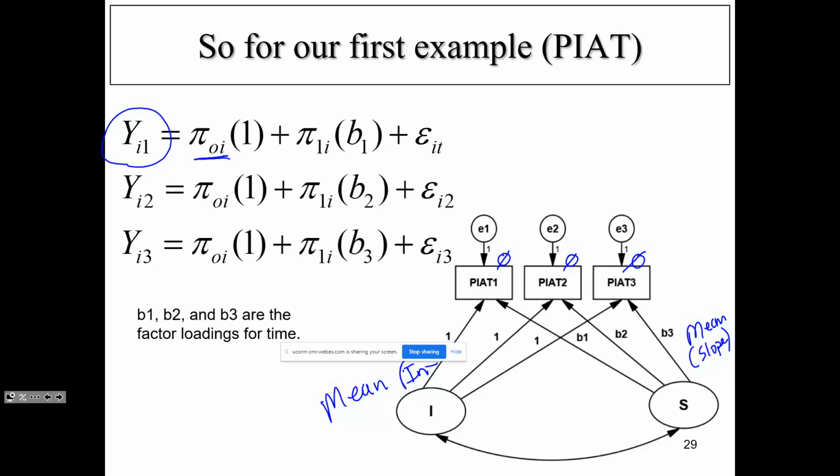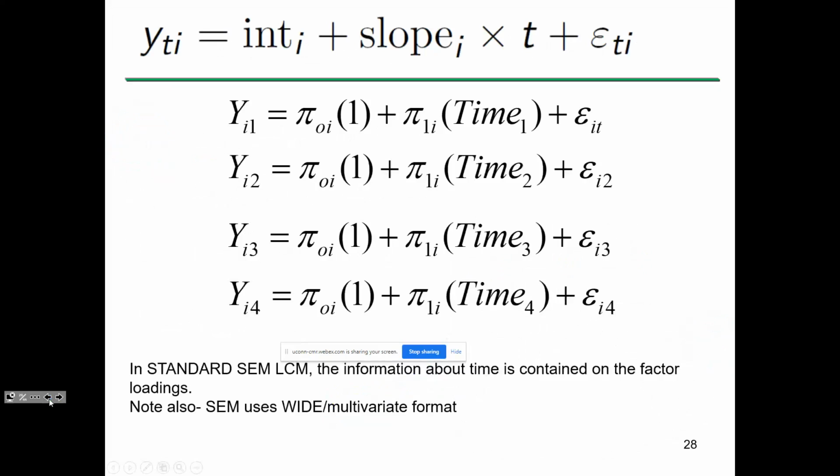Let me go back. Okay, this is maybe a little bit better. So a person i's score at time t is a function of that person's intercept, plus that person's slope times whatever this time variable is going to be, plus the error. So it's just a regression model.